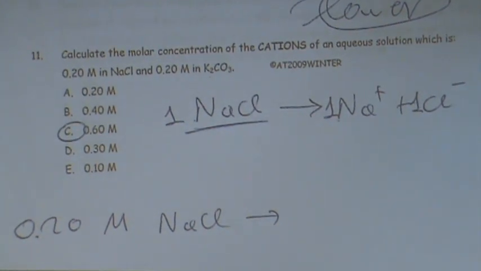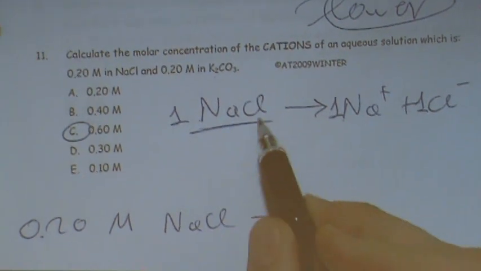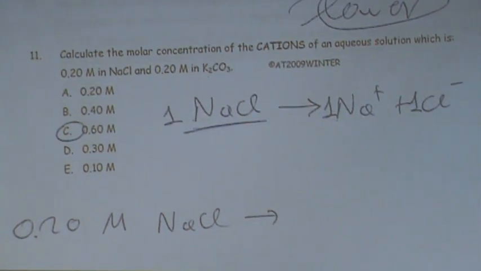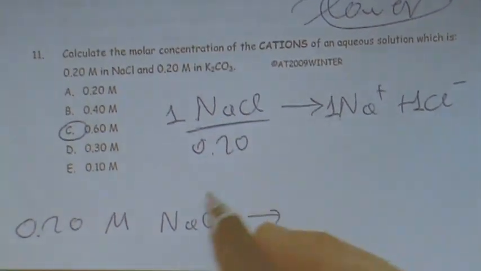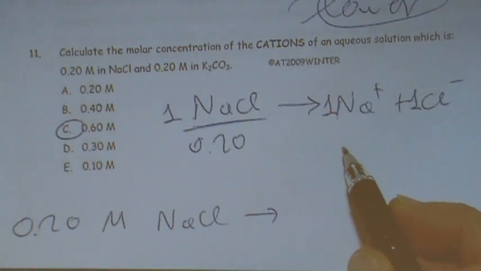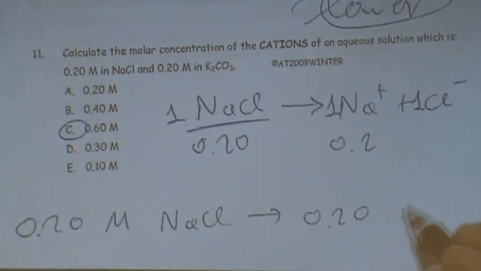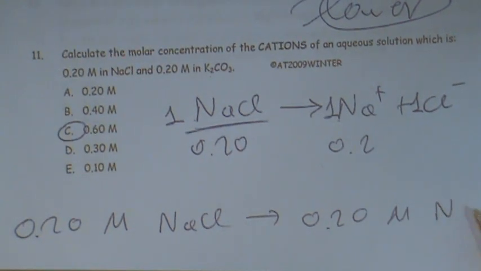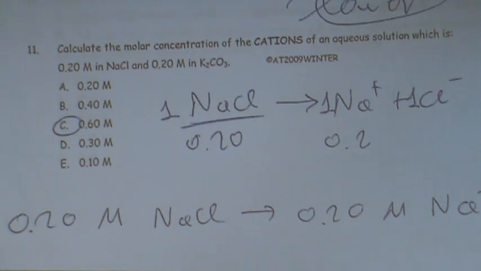The ratio of particles or units is also a ratio of moles. Hope you understand why. Therefore, 1 mole of this will give you 1 mole of this and 1 mole of that, correct? If you have 0.2 moles of this, how many moles of this you will get? 0.2. Therefore, we have 0.20 moles per liter sodium plus. You understand this? Yes? Okay.